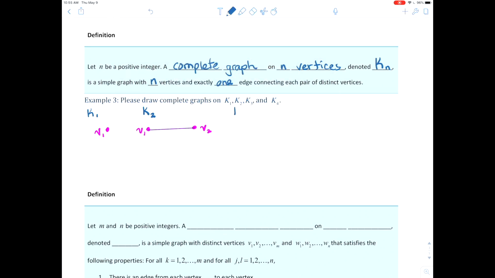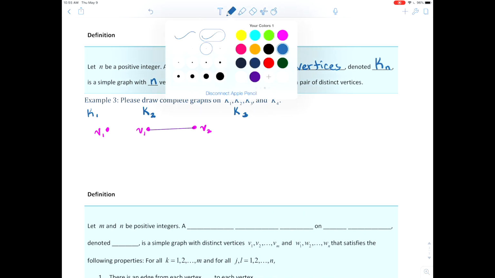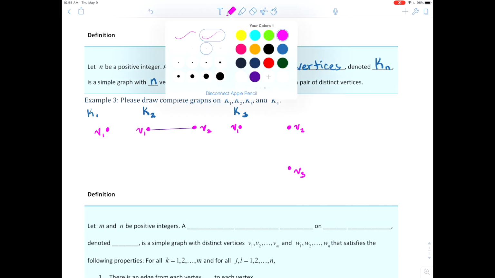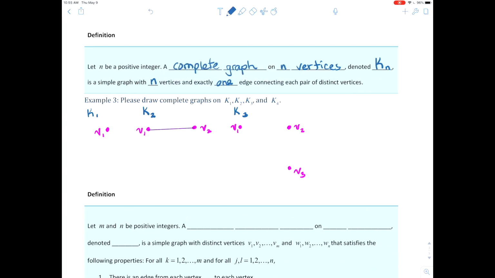K3 has how many vertices? 3. So we'll have vertex 1, vertex 2, and then vertex 3 down here. It doesn't matter where you place them. And then we need a single edge connecting each pair of vertices. So here we go.